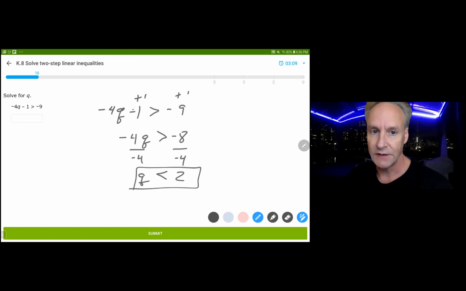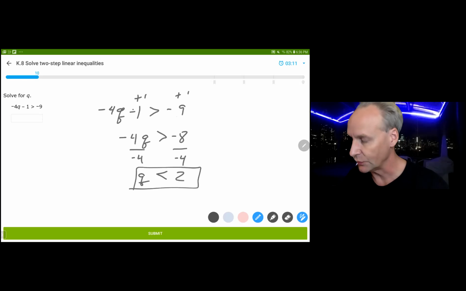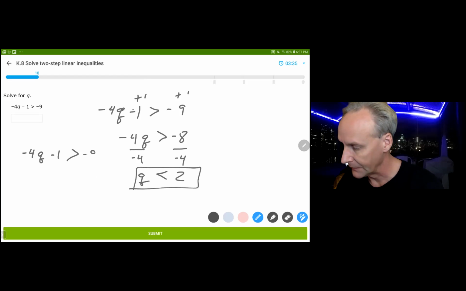Now, one of the ways that you can test to see if it's actually true is I could choose a value that is less than 2, like 0 or 1 or negative 1 or negative 2, and see if it actually works in my inequality. And I can see that it does. But just to give you an example, negative 4q minus 1 is greater than negative 9. That was my original inequality.